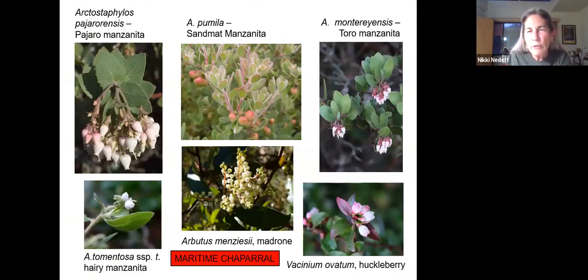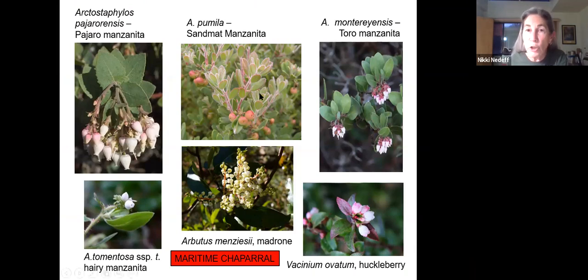Now, there are lots of manzanitas we find. Manzanitas occur in chaparral. They also occur in maritime chaparral, the version of the chaparral shrub-dominated habitat that is restricted to very particular coastal settings. All these different manzanitas have particular characteristics.